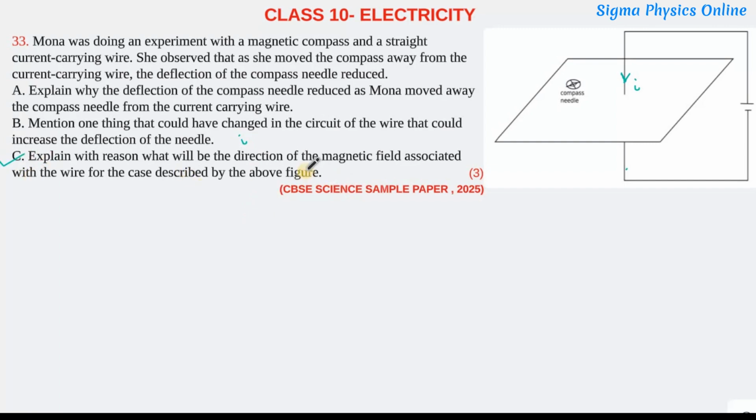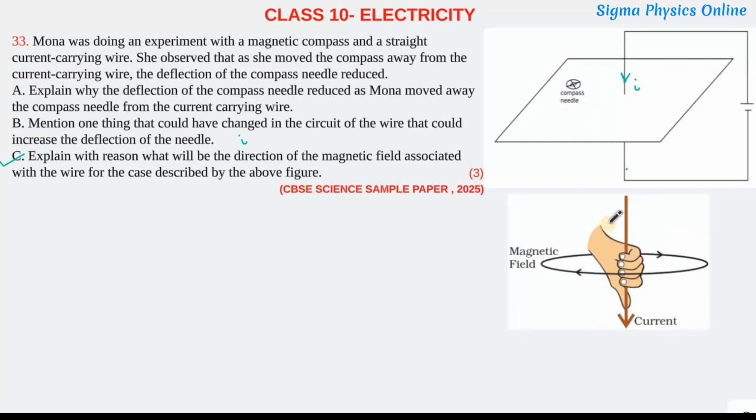The third, explain with reason what will be the direction of the magnetic field associated with the wire for the case described above. The direction of the magnetic field associated with this can be determined using the right hand thumb rule. That is, if the current flows in the direction of the thumb of our right hand, then the curl of the fingers will represent the direction of magnetic field lines around the wire.